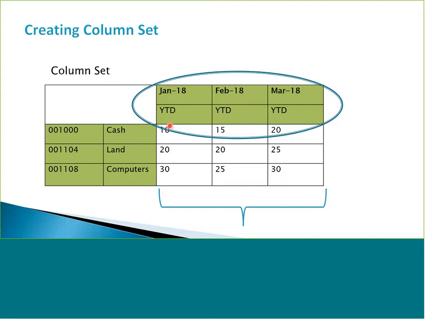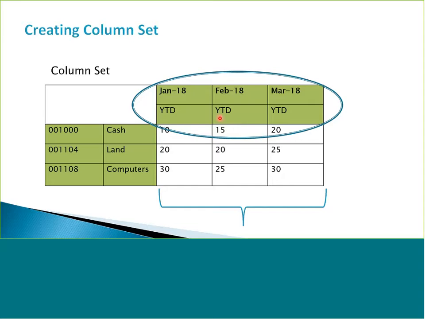You can also specify to see variances in a certain column, so a difference between one column and the other. You can see variances between budget amounts and actual amounts. Those are all features that we are going to learn how to use as we delve into more complex ways of generating FSG reports.